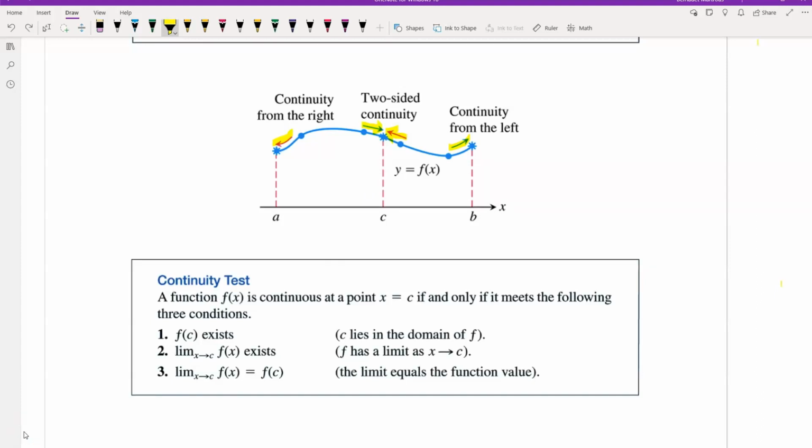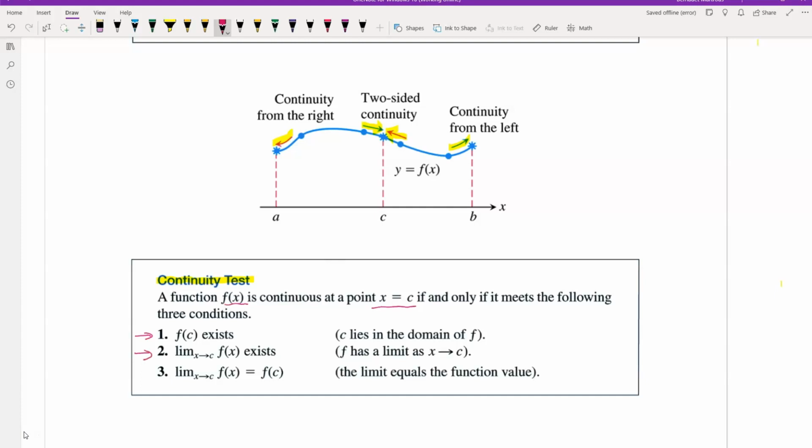Now here on this part we have the continuity test. The function f of x is continuous at a point x equal to c if and only if it meets the following three conditions. First, find f of c and see if this value exists, and then find the limit of f of x as x approaches c.